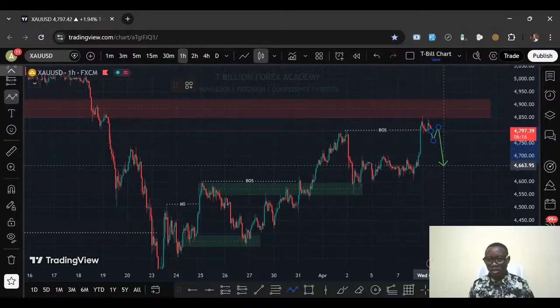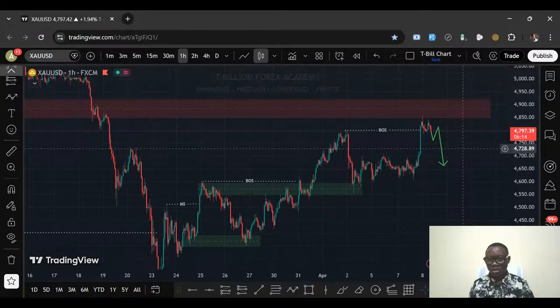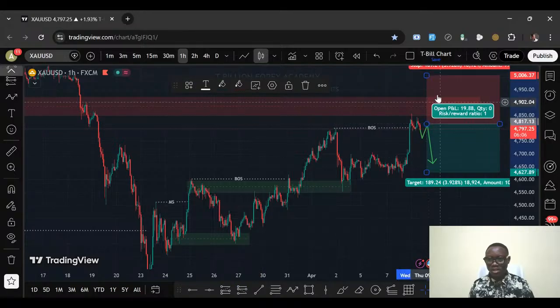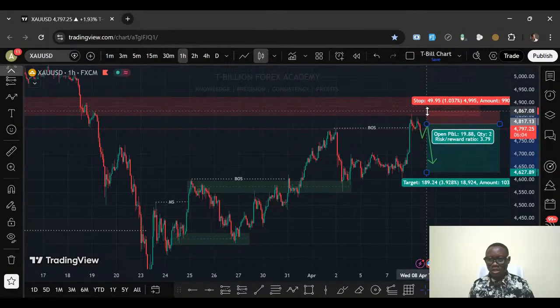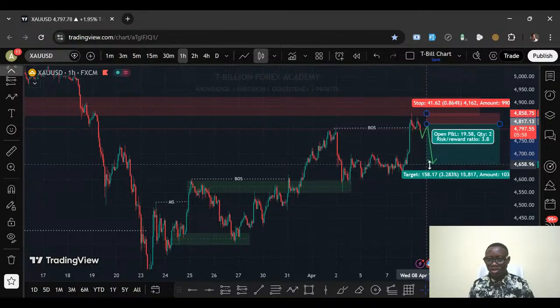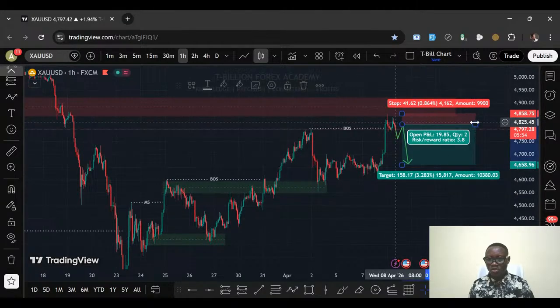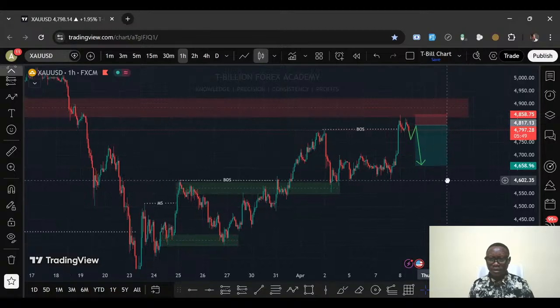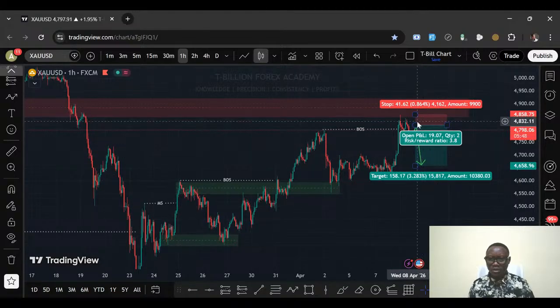Don't forget that we are bullish. So if you're taking any sell opportunity, be very, very conservative with your take profit. We can take this sell right here, keep our SL really tight, right here. Then our take profit can be somewhere around here, and that is 1:3.8 risk to reward ratio, which to me is not really a good setup.